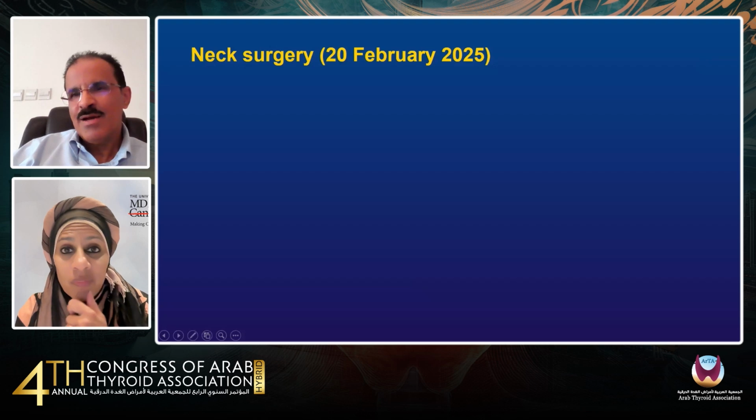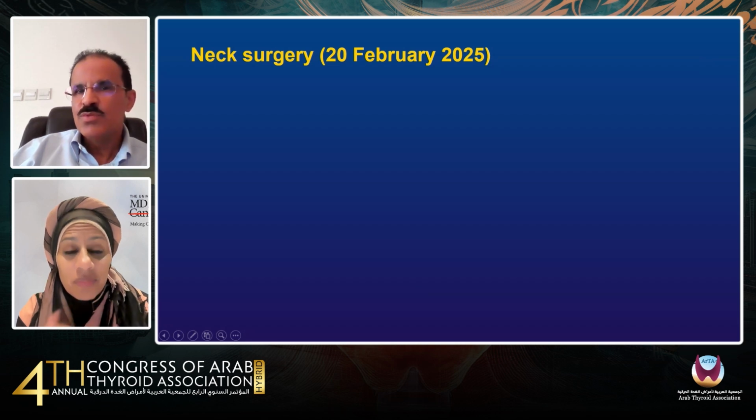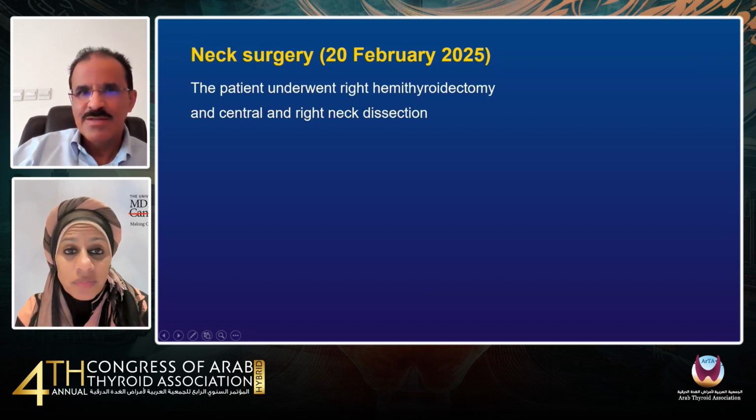So we start to think now about surgery, and she's in a much better shape than before. And indeed, she went for neck surgery in February 2025, around 10 months later. The surgeon did right hemithyroidectomy. Remember, the tumor was on the right side, and he did central and right neck dissection.